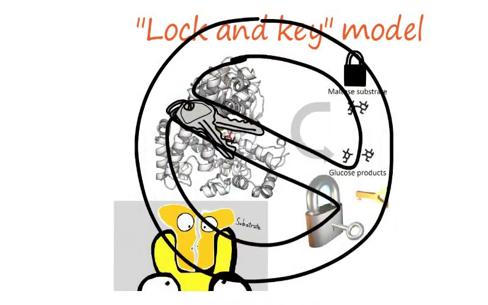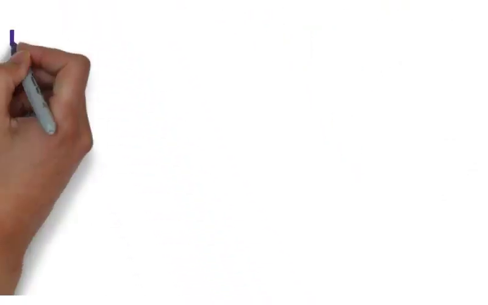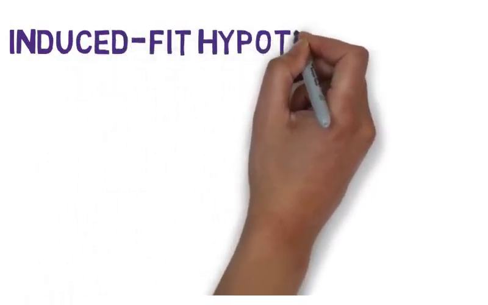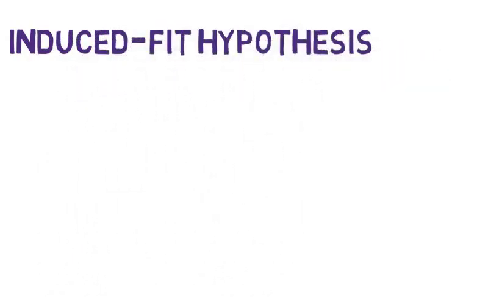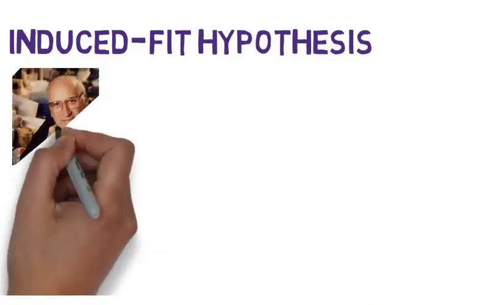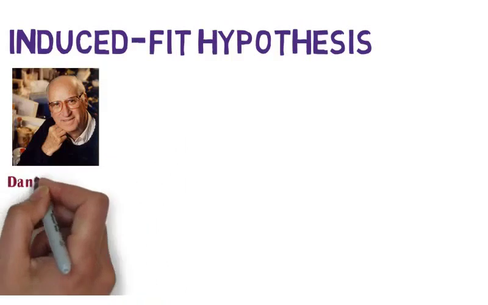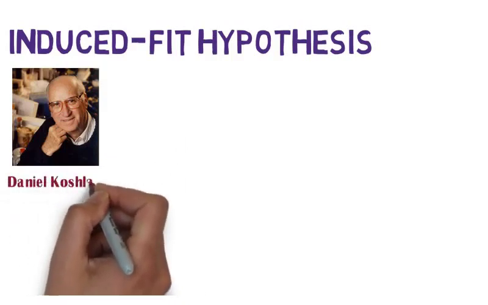However, later on, the induced fit hypothesis was proposed. Daniel Koshland modified the lock and key model of Fischer in 1958.